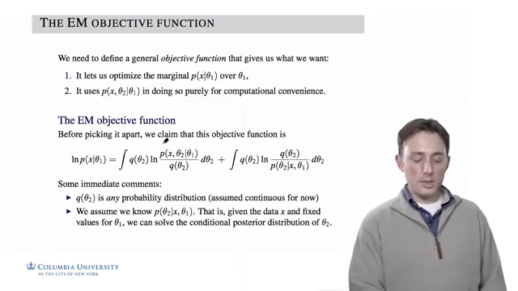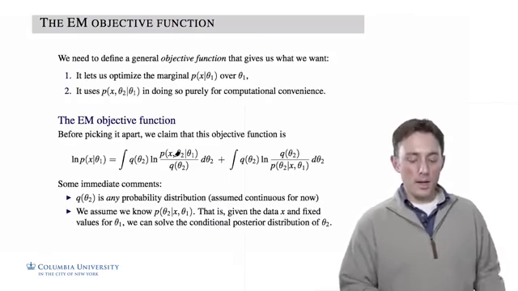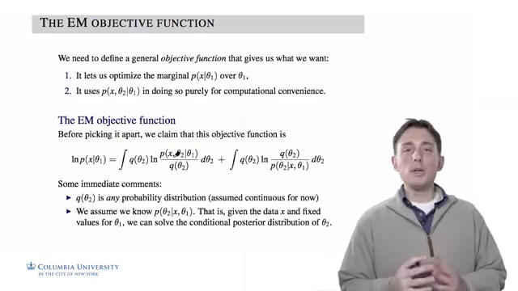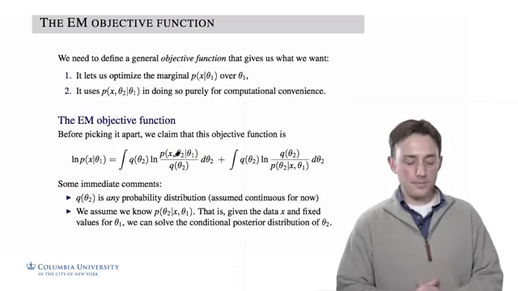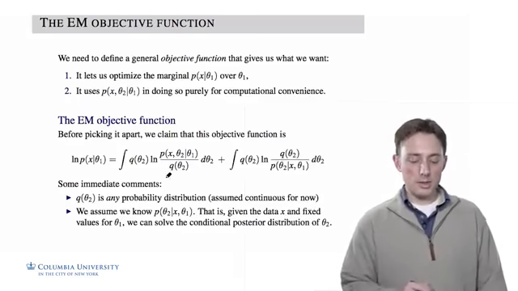A second thing to notice is that this q, this mysterious q distribution on theta 2, is a probability distribution, and in principle, it can be any probability distribution that we want on theta 2, as long as it's defined on the values that theta 2 can take. However, the EM algorithm is going to tell us how to set this q distribution.